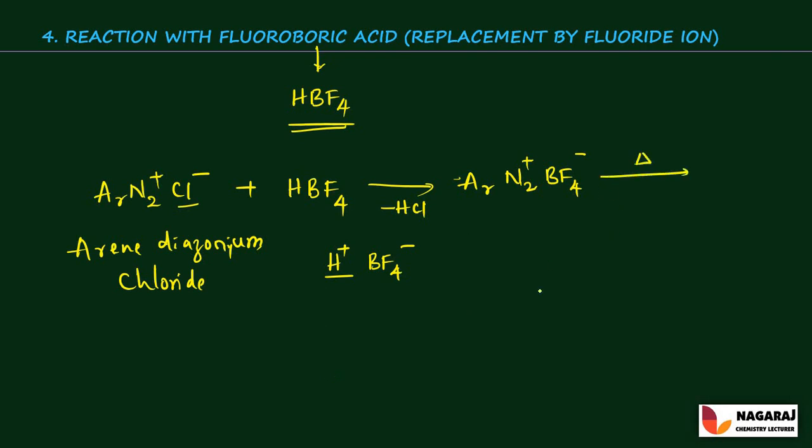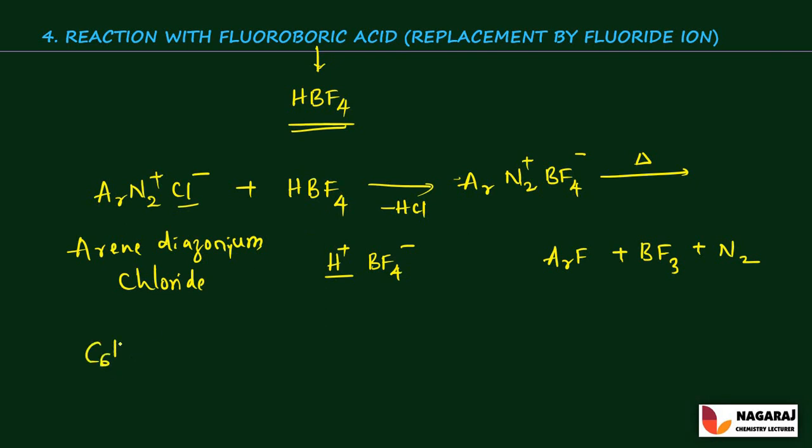On heating, aryl fluorides are formed, plus BF3, boron trifluoride, is obtained, plus nitrogen gas is eliminated. Here the stable product is BF3, boron trifluoride. Hence aryl fluorides are obtained from arene diazonium chlorides by treating them with fluoroboric acid.